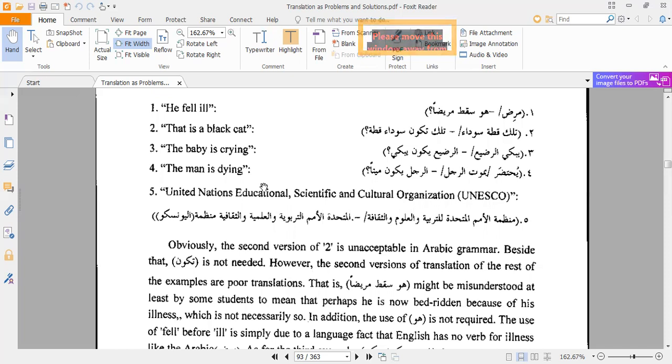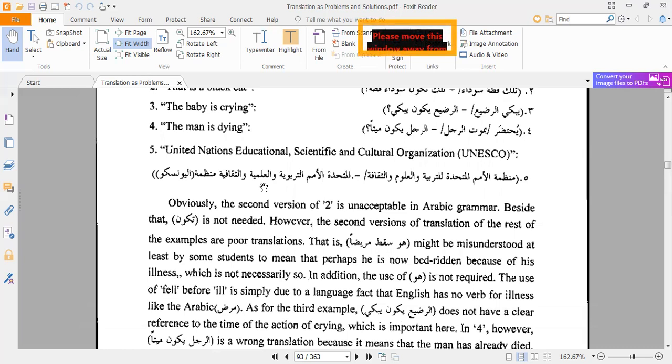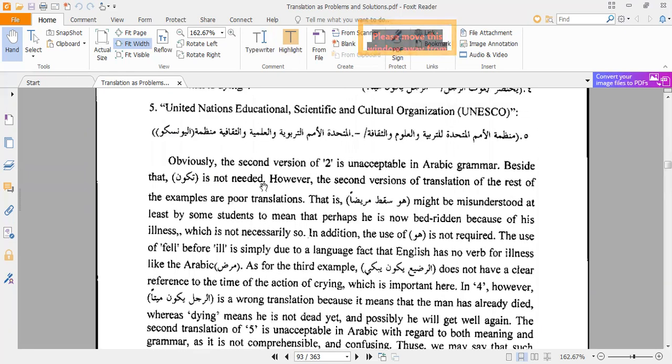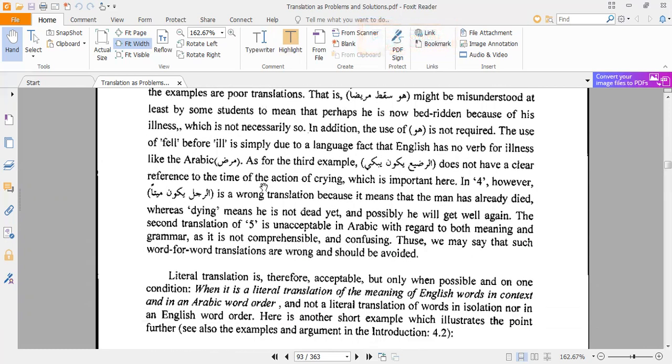Because the translated sentence is incorrect, does not give any specific meaning. وبالتالي هنا في هو سقط مريضا، أنا ترجمت سقط فقط to make up the sentence. أنا ما في داعي أترجم لا سقط، لأنه أنا عندي في اللغة الإنجليزية ما عندي فعل لمريض، بينما في العربي عندي فعل يمرض، وبالتالي بستخدم صياغة الفعل وخلاص. أما في اللغة الإنجليزية بستخدم الفعل fell only to make the sentence grammatically acceptable.